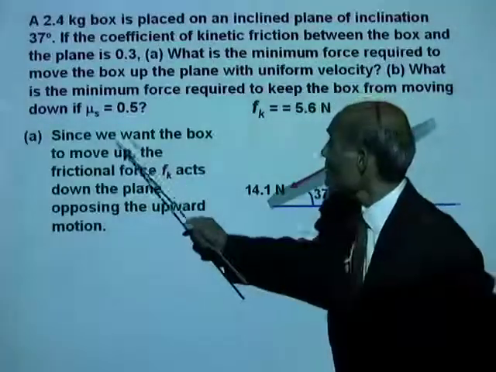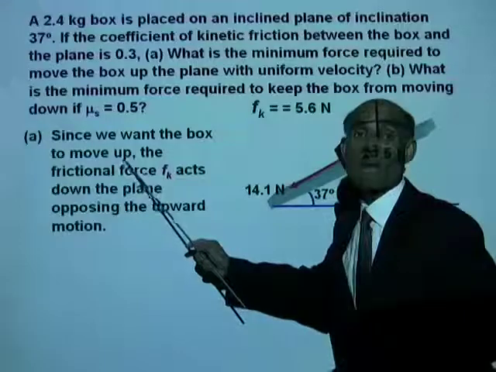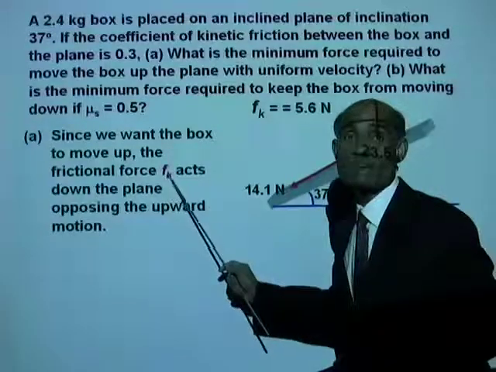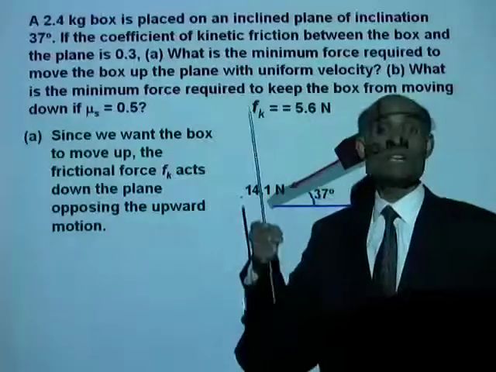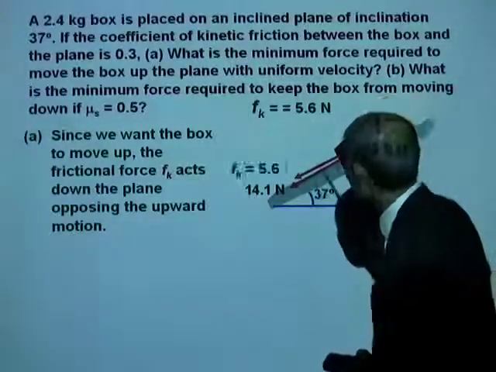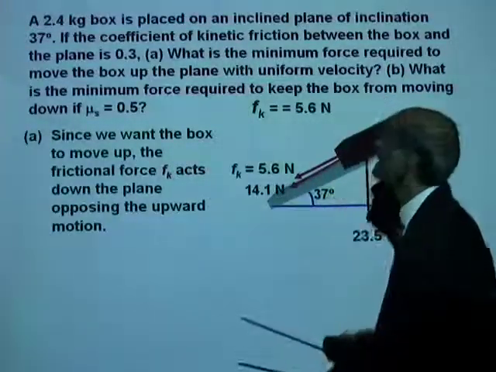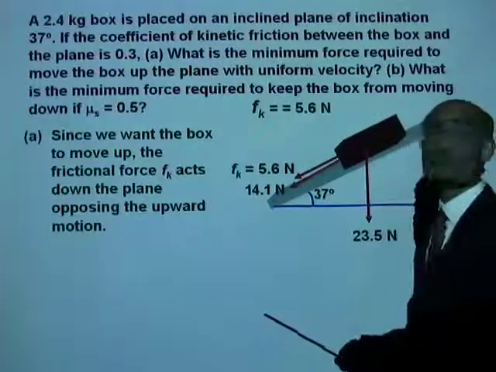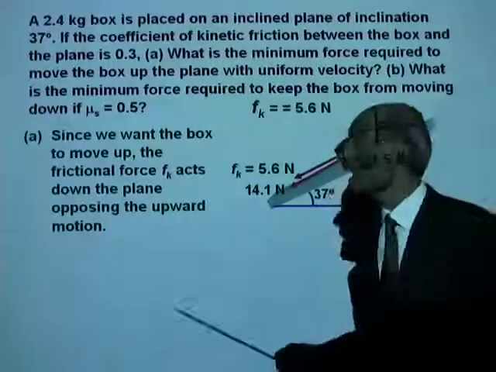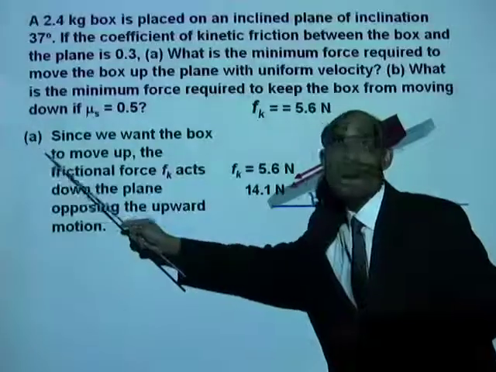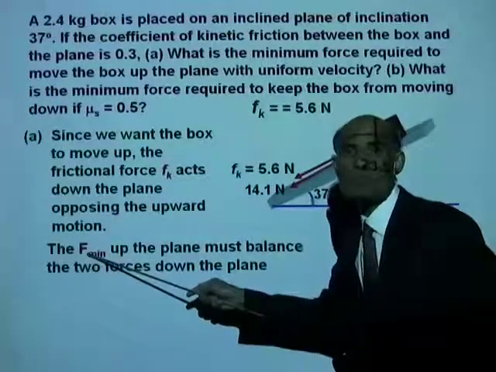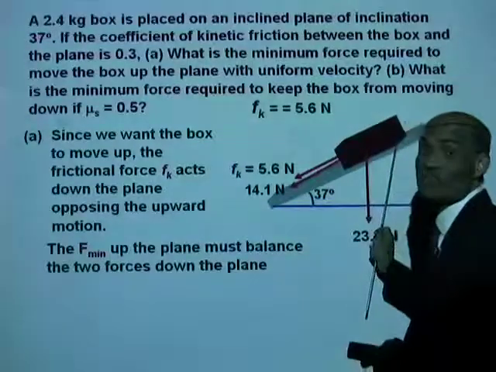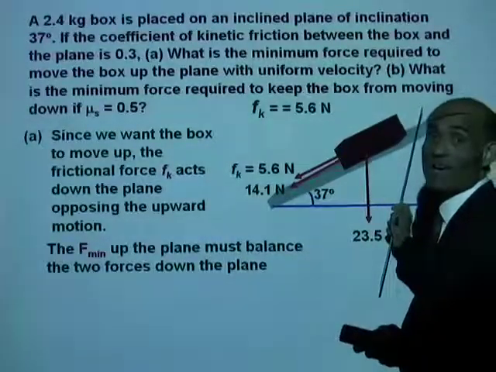Alright? Since we want to move the box up, the frictional force Fk acts down the plane opposing the upward motion. So the frictional force Fk equal to 5.6 Newton is also down the plane for this part of the problem. And therefore, what is the minimum force that you now need to apply upward?